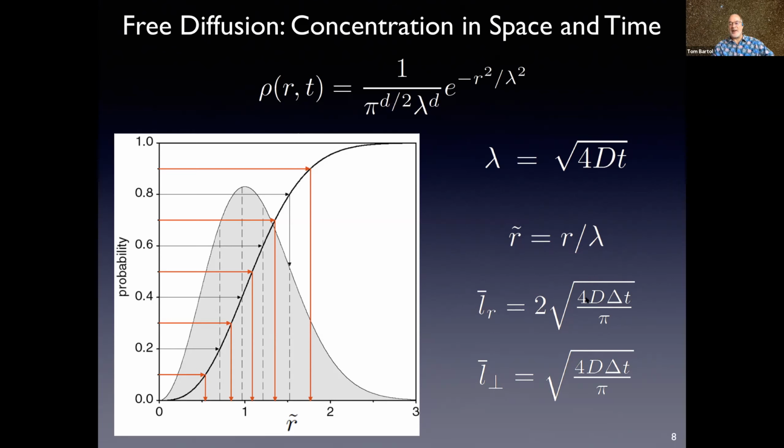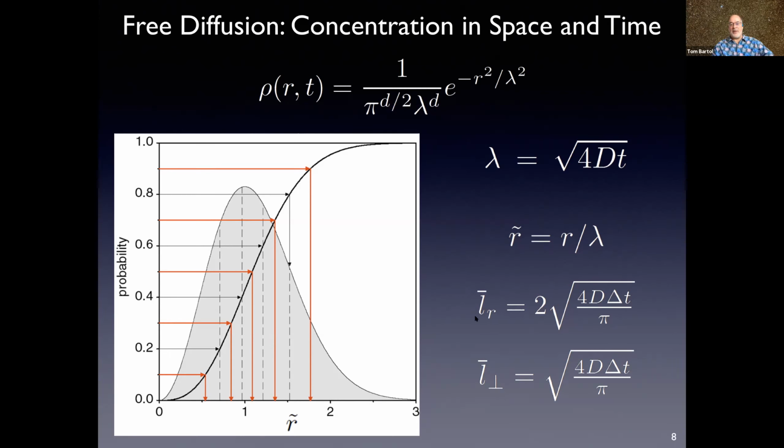And you might ask, why didn't I factor out the 2s and 4s and everything? It's because I wanted to keep the connection back to lambda, 4D delta t, so that you can see where lambda still sits in this equation. And the reason why the 4 isn't factored out here is because in the textbooks on diffusion, you'll always see lambda written as square root of 4D delta t, not 2 times the square root of 4D delta t.